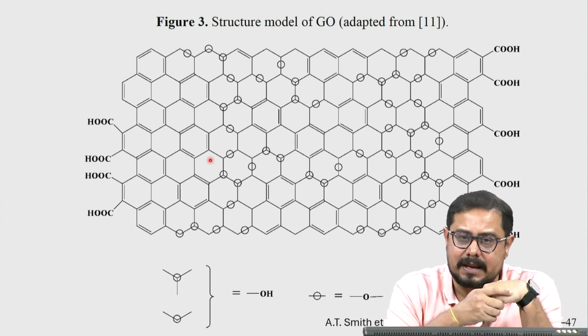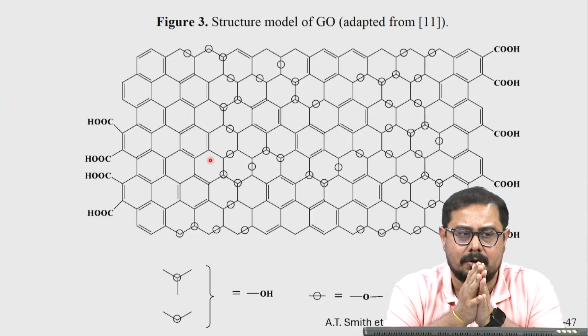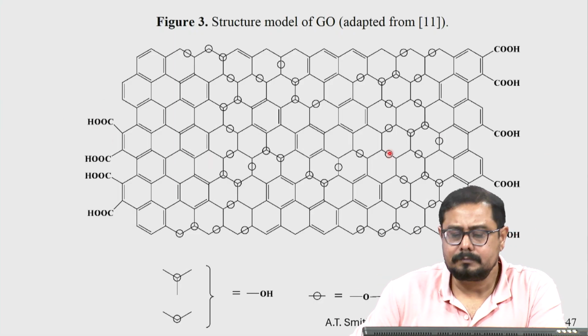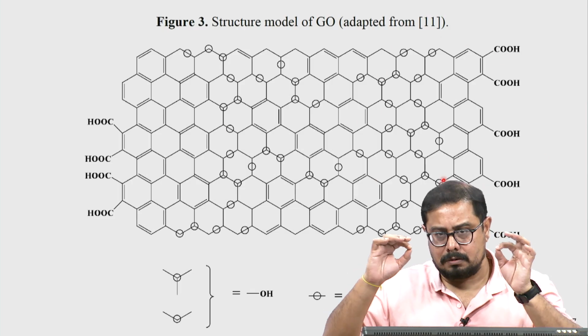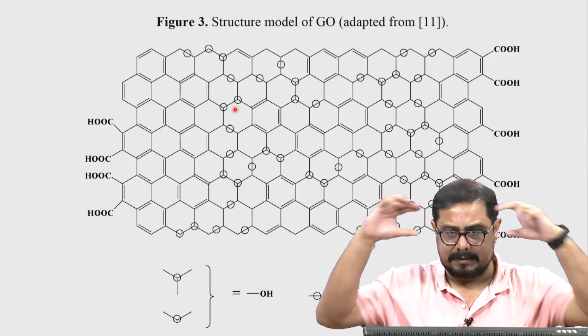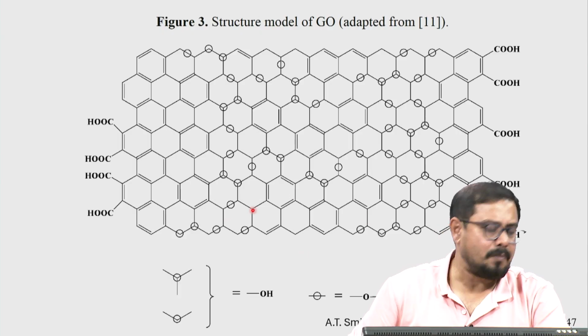After oxidation we get this kind of compound where we have the COOH group or epoxy group. The epoxy group is connected with this carbon layer through two bonds between the carbon and the oxygen, along with the COOH group or OH group.